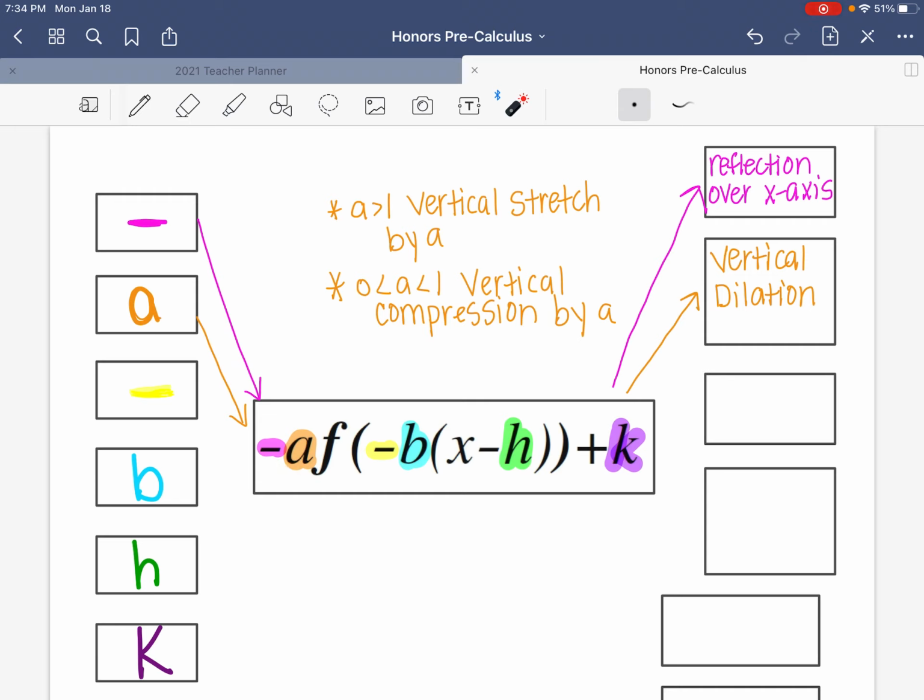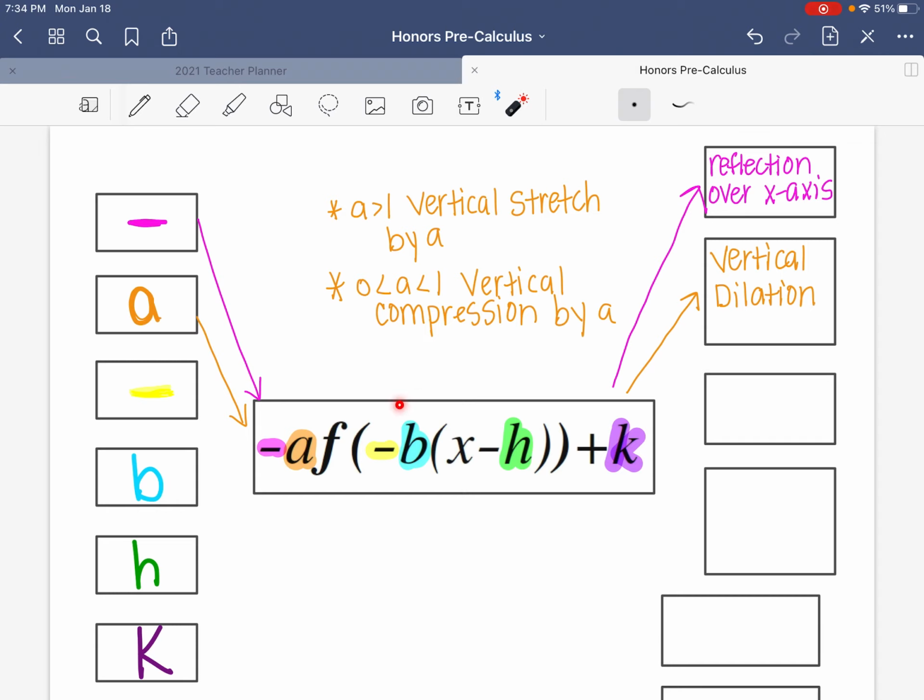Now the inside, I'm going to give you this scenario I like to always tell my students. Whenever you're talking about the values inside the function, I like to say that they're inside the function with the x value. So I'm going to relate this to x's. Everybody has a boyfriend or girlfriend x, and they're your x for a reason, because at some point they did something, whether it was crazy or whether you just didn't agree with, that you didn't want to be their boyfriend or girlfriend anymore.